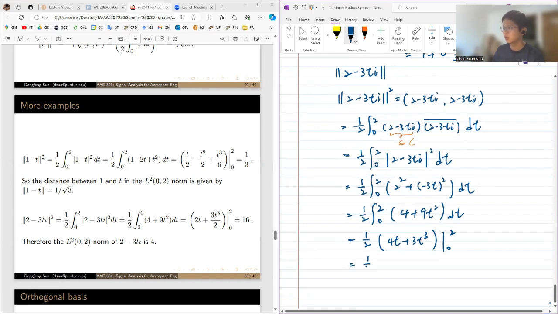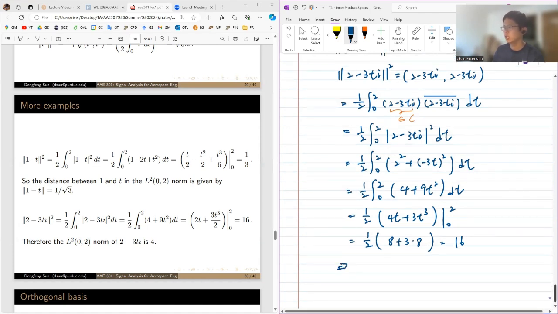So that's 8 plus 3 times 8, and that's 32 divided by 2, which is 16. So this implies that the norm of 2 minus 3ti will be the square root of 16, which is 4.